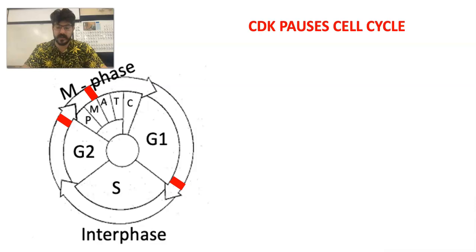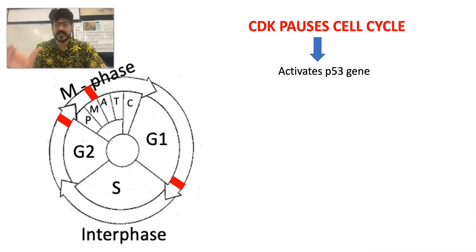It pauses the cell cycle. What it does is it activates a gene inside the cells called the p53 gene. A gene is a segment of DNA that codes for a specific function, and in this case, it codes for DNA repair. So DNA actually has its own coding to say, hey, we're going to try and repair ourselves.